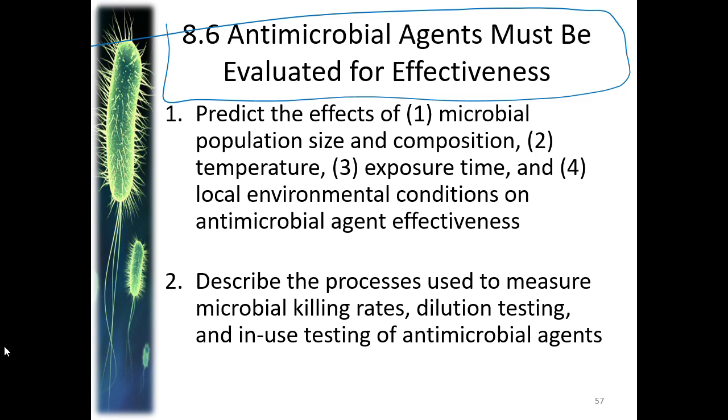We'll talk about the role of microbial population size, how many microbes there are, about the composition, how many types of microbes there are, the role of temperature, time, and local environmental conditions. And then we're going to talk about how we actually measure killing rates and how we figure out if this is an effective way to reduce the number of microbes that are present.